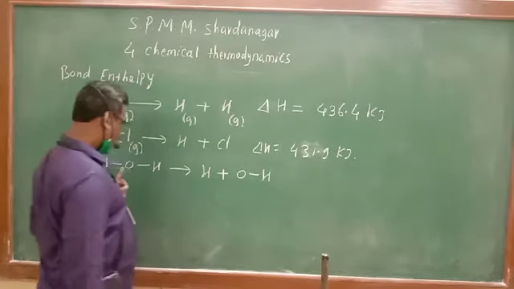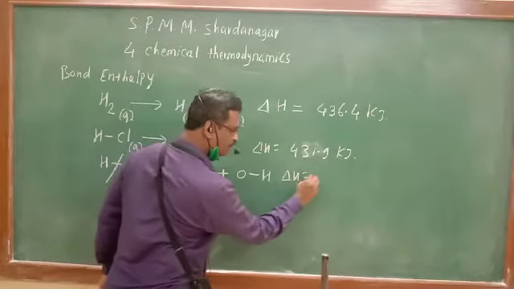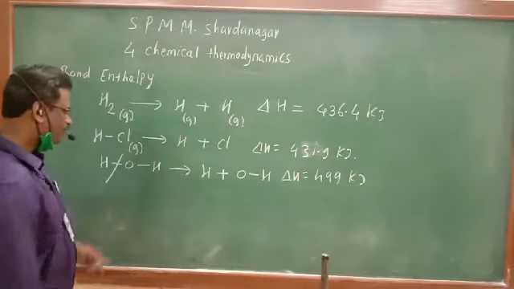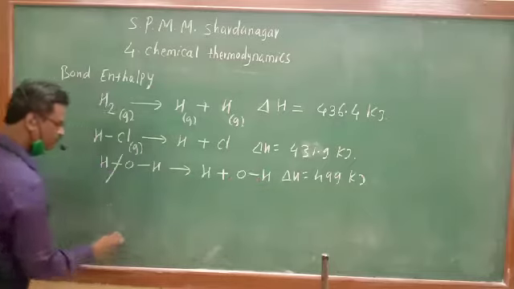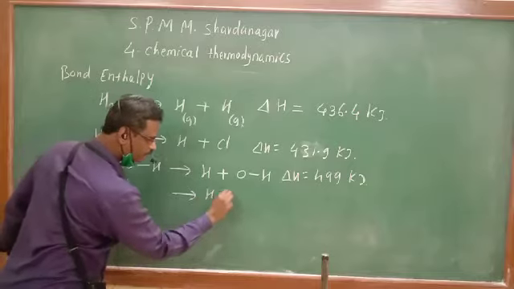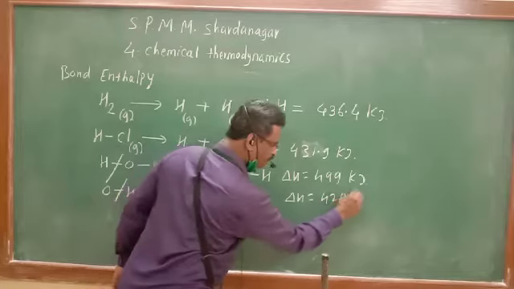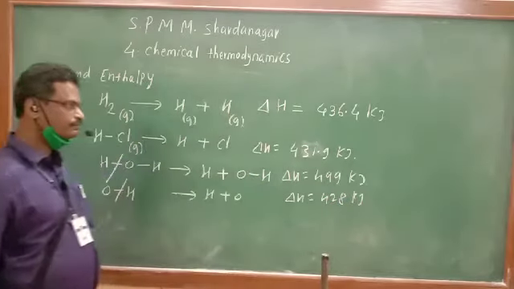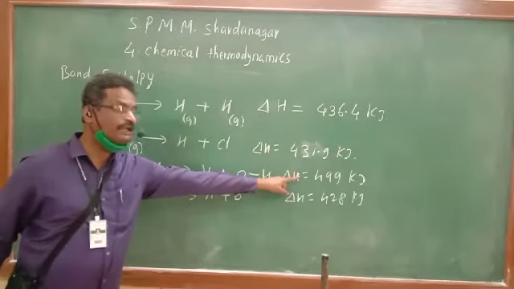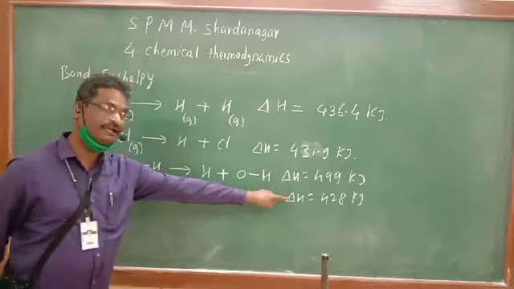Here, to break this bond, the energy absorbed, delta H, is equal to 499 kilojoule. Now the second bond is broken, OH converted to H plus O. To break that bond, the energy absorbed is 428 kilojoule. For breaking the first bond, the energy required is 499 kilojoule, and for the second bond, 428 kilojoule.